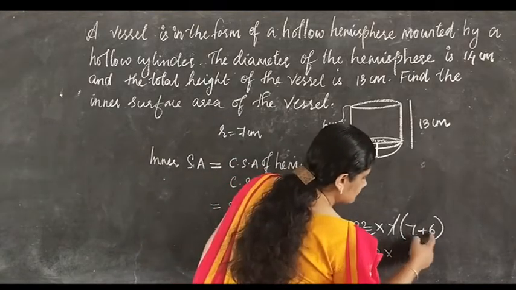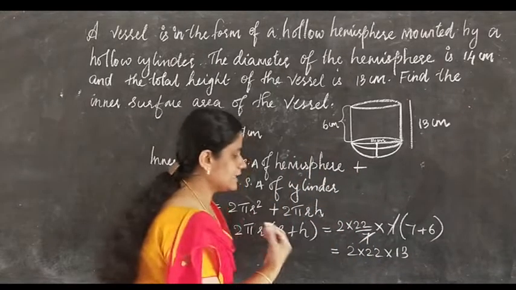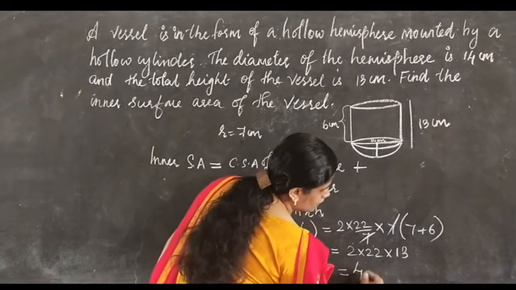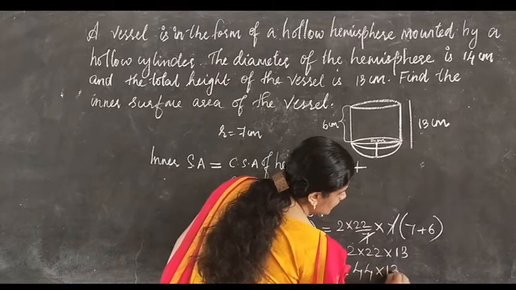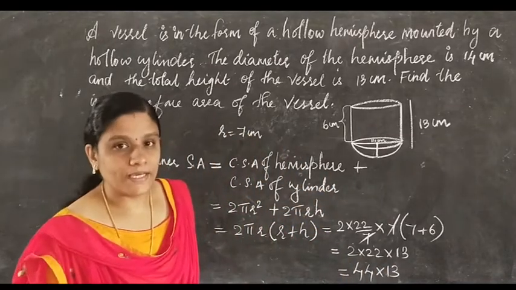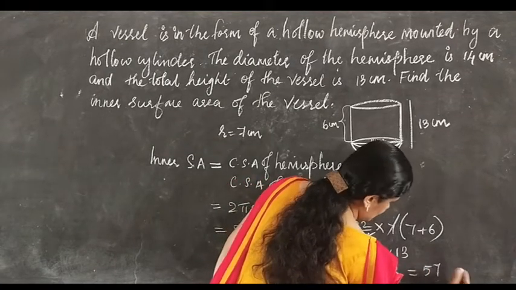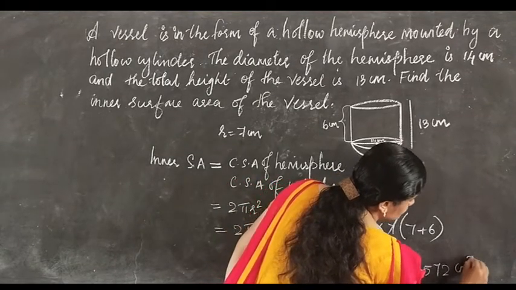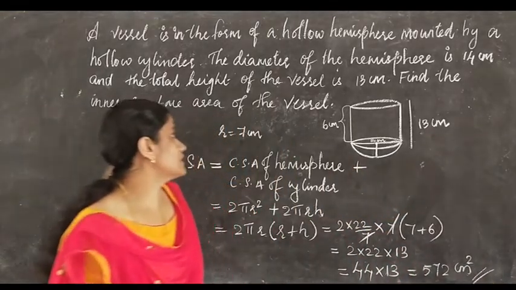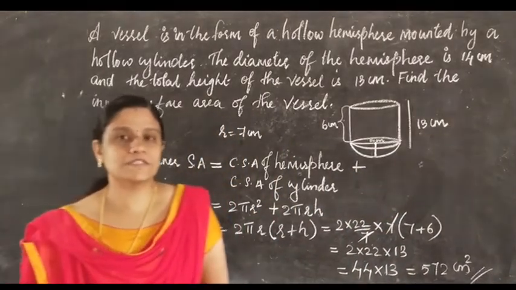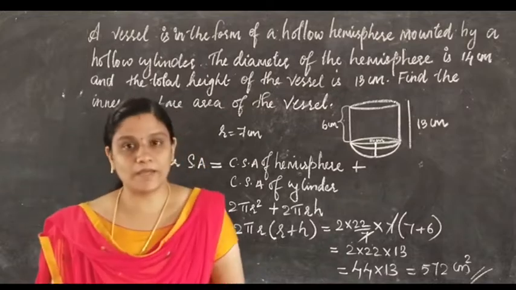Yes, 13. So what do you have? 44 into 13, and you get the answer as 572 centimeters square. So the inner surface area of the vessel is equal to 572 centimeters square.